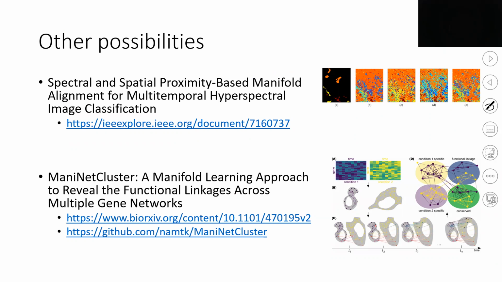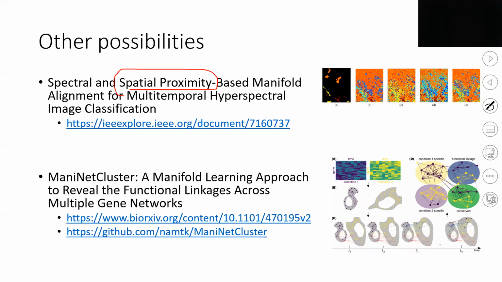Okay, so this is another two examples that apply manifold alignment. This is some spatial data construction. This is not applied to single cell data.